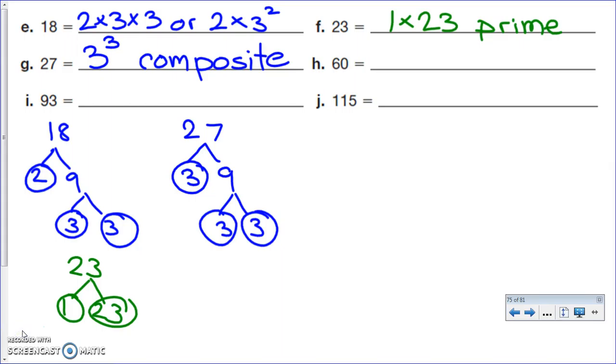For H, we have 60, and so we're going to start with that. We know 2 times 30 will get us 60. We know 2 is a prime number, and we know you can get 30 by multiplying 2 times 15.